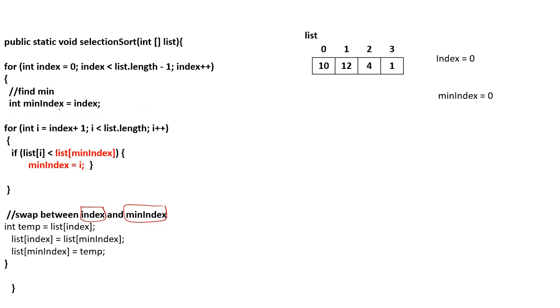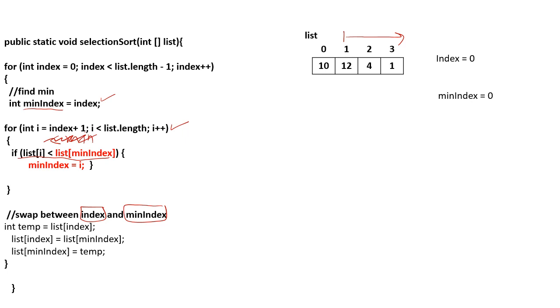We can just declare a variable minimum index equal to index, just like the previous slide. You have the normal loop, starting from location 1 till the end of the array, doing a search. Now the small thing is, instead of saying list at I is less than minimum, I'm just removing minimum and saying list at minimum index.